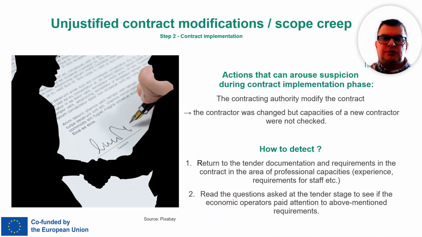You should go back to the tender documentation and the contract requirements, especially the part about professional capacities such as experience and staff qualifications. You can also look at the questions that were asked during the tender stage to see whether the economic operators paid attention to those requirements.